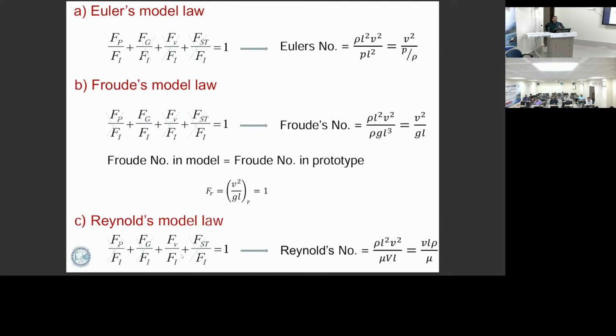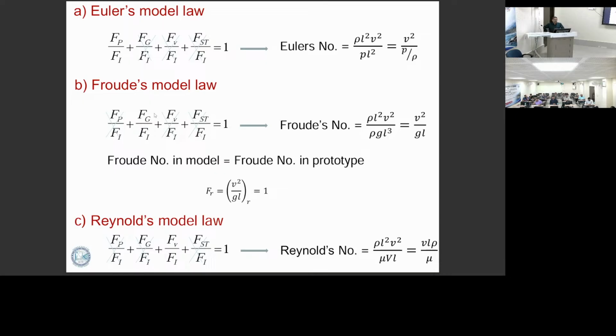In Euler's model, pressure force is predominant. Pressure force by inertial force should be equal to 1. This is Euler's number. It is not much important in the model; it comes only when the flow is pressure flow, such as modeling of conduits. Then Froude's, this is the main criteria. Whatever the hydraulic physical model, it is generally a Froude model, Froude similarity.